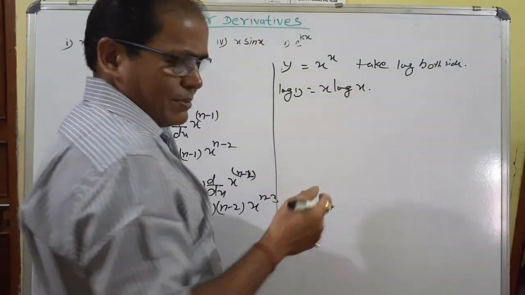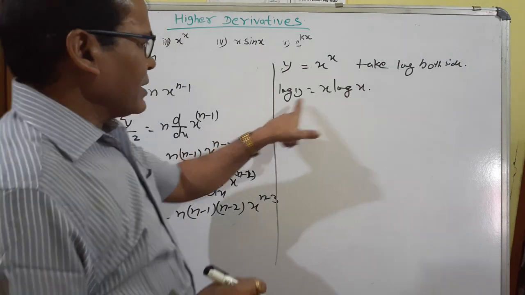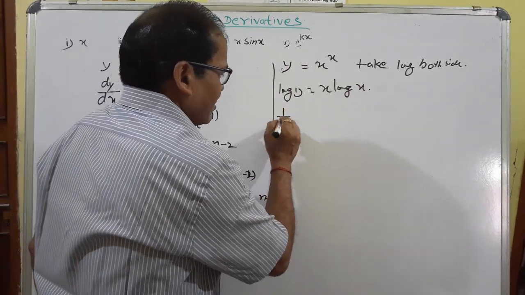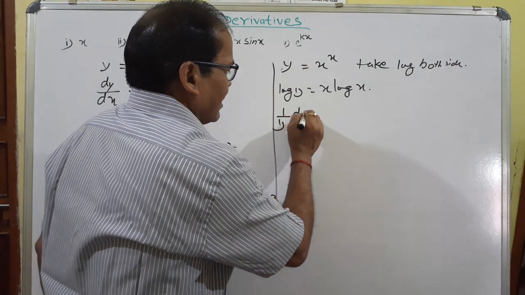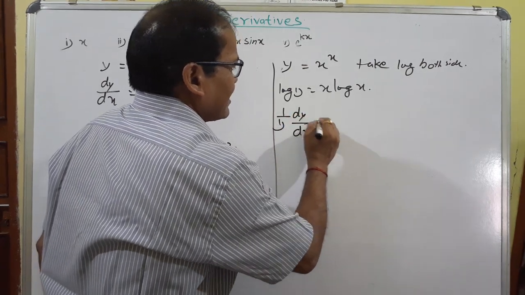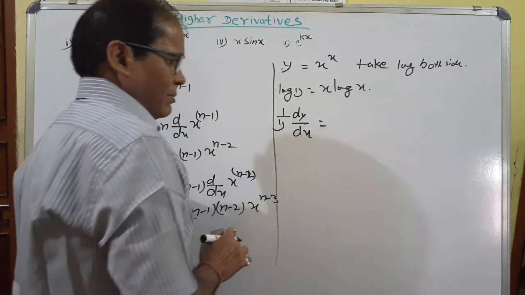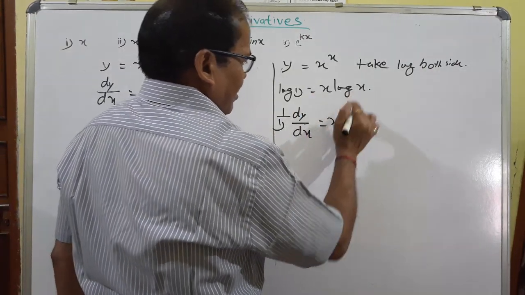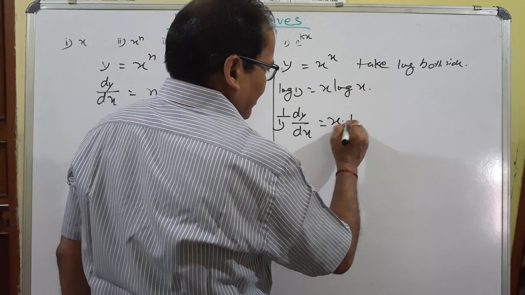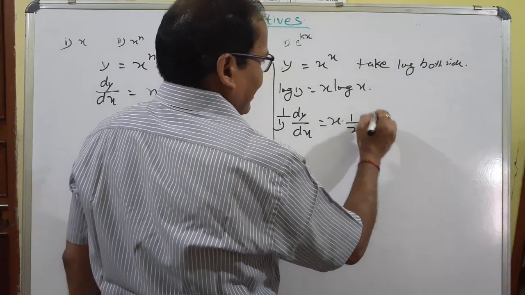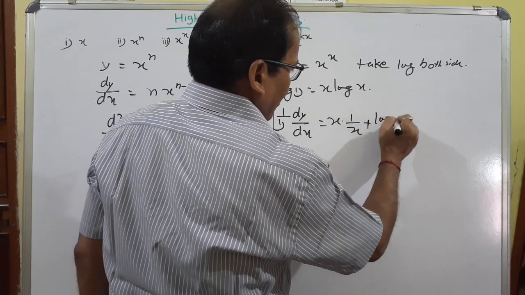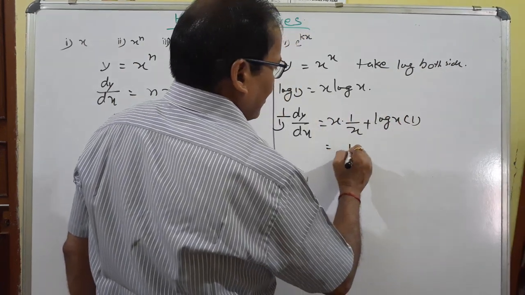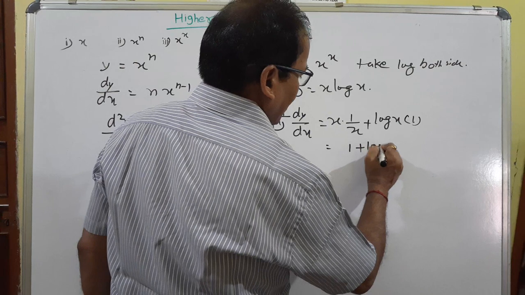Now for the first derivative we differentiate with respect to x, then you will get 1 by y dy by dx is equal to, in UV form, x constant, derivative of log x is 1 by x, plus log x constant, derivative of x is 1, and you are getting 1 plus log x.